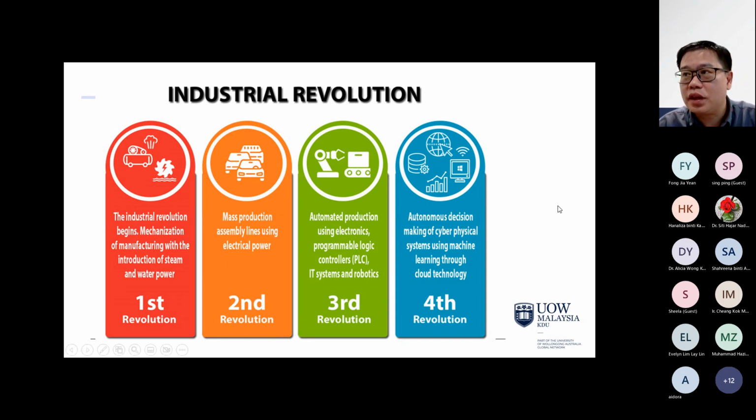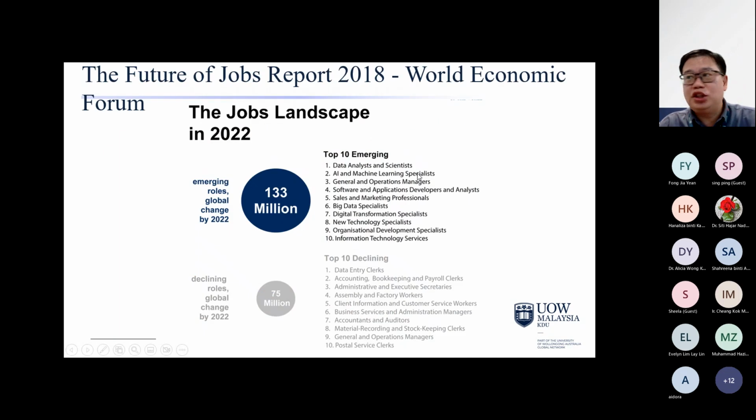The job landscape, this is from a 2022 report, showing what is declining and what is emerging as critical areas, where students need to know what is actually required. The reason why I put this here is that this is their forecast for 2018 to 2022.